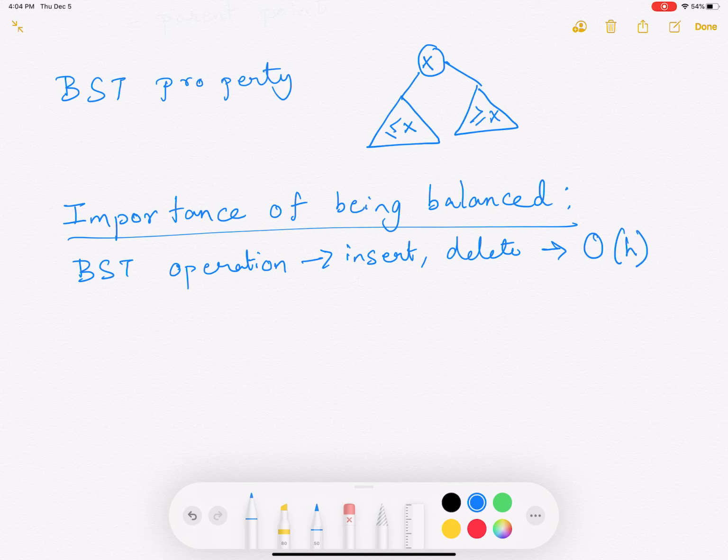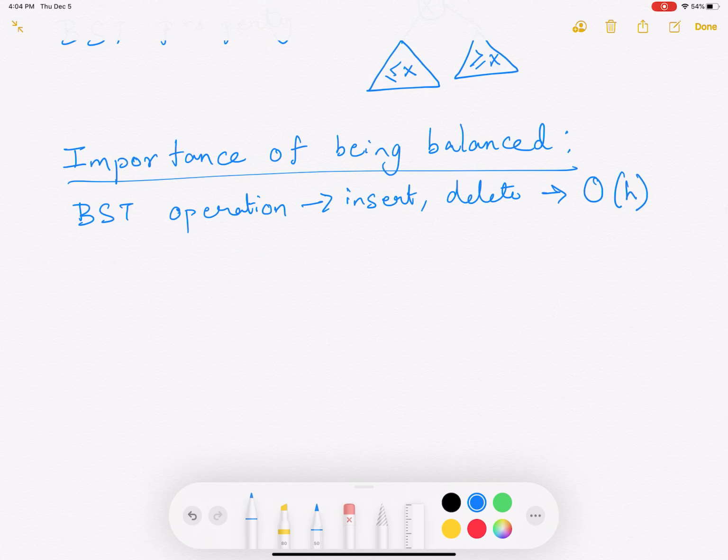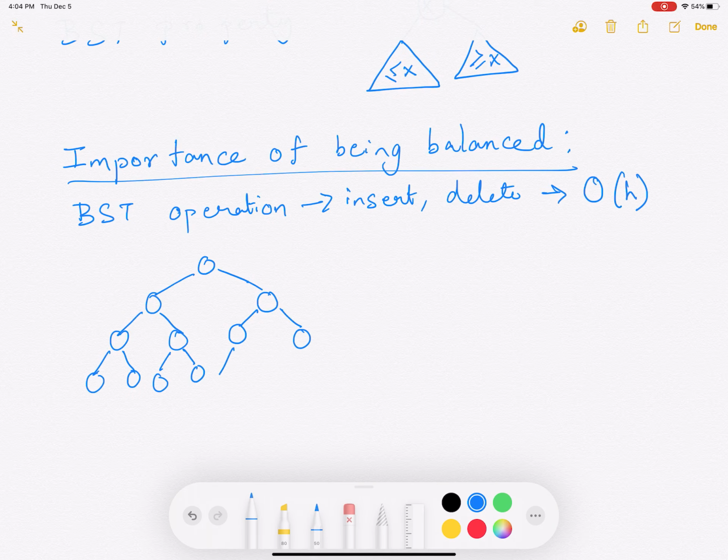If it's a perfectly balanced binary search tree, the height will be log n, whereas if it's imbalanced, it can actually be n. Let's look at an example. This is an example of a perfectly balanced tree. I have not defined precisely what balanced is at this point, but you can understand that in this tree, at each node, the number of nodes in the left subtree and the right subtree are equal.